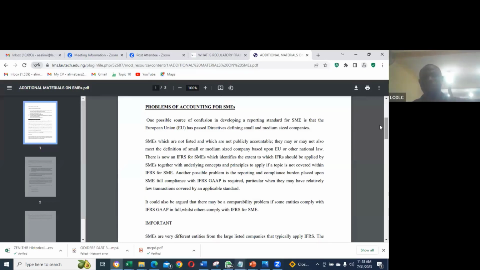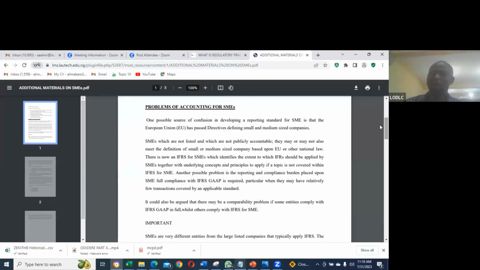But there is now an IFRS for SMEs, which identifies the extent to which IFRS should be applied by SMEs, together with underlying concepts and principles to apply if a topic is not covered within IFRS for SME. Do you understand? So what they are saying here is that there is a particular standard for SME.